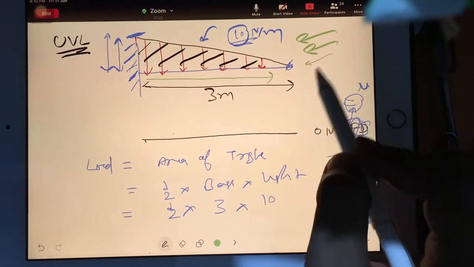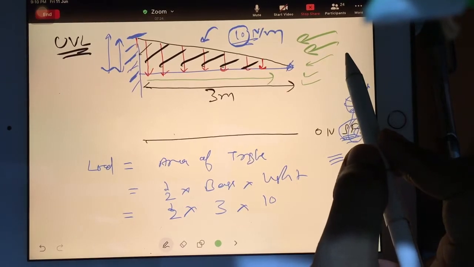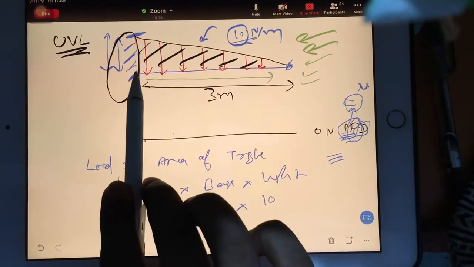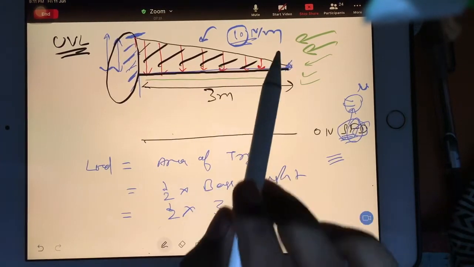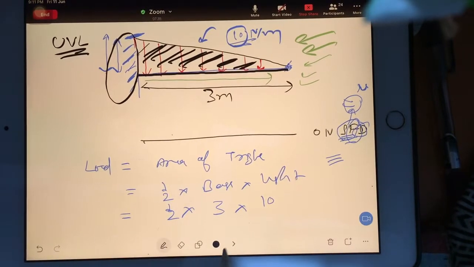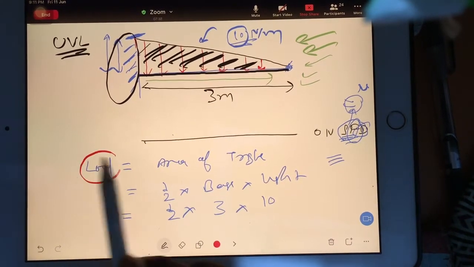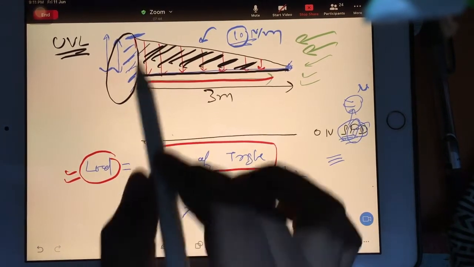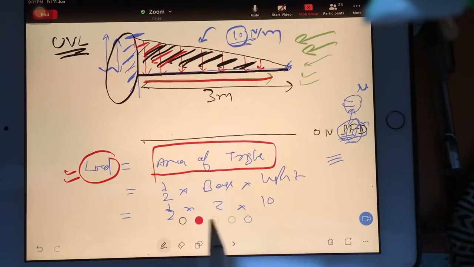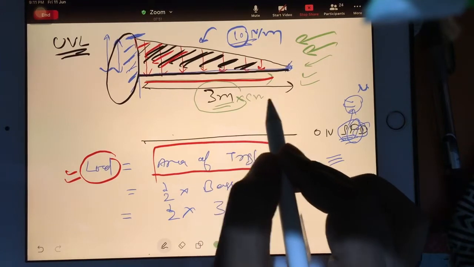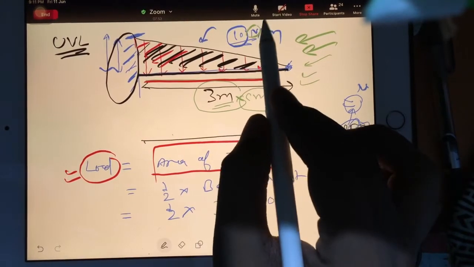Now understand, the physical meaning of this beam is totally different. This portion represents the wall, this blue line represents the beam, and this shading represents the loading. But to understand the amount of load acting on the beam, the resultant load, we find the area of the loading triangle. This can be in meter or centimeter, and the loading can be in Newton or kilonewton.